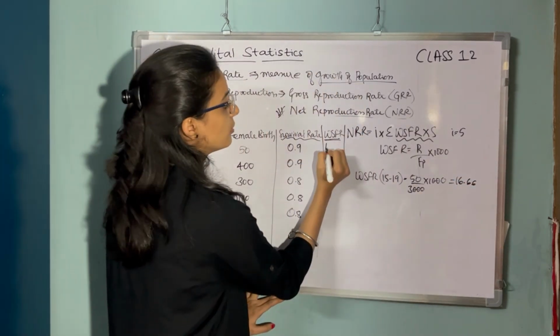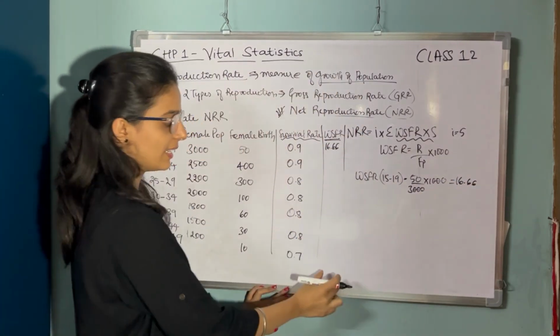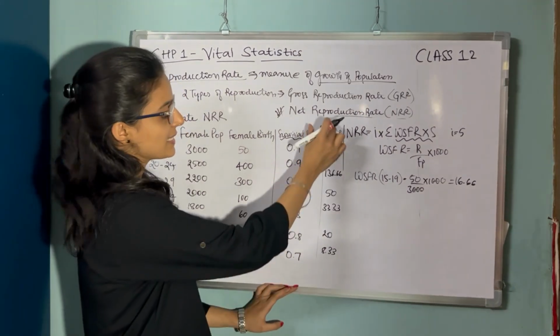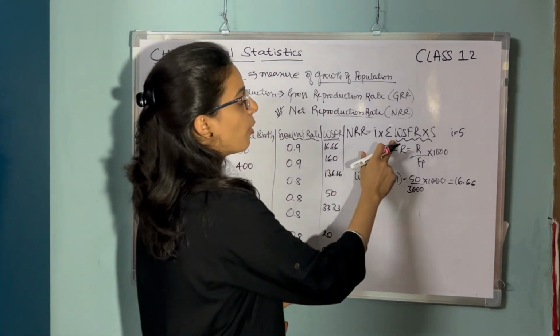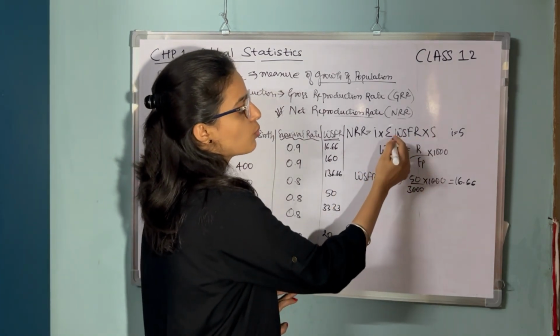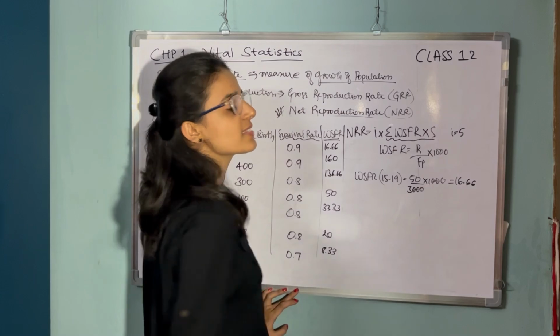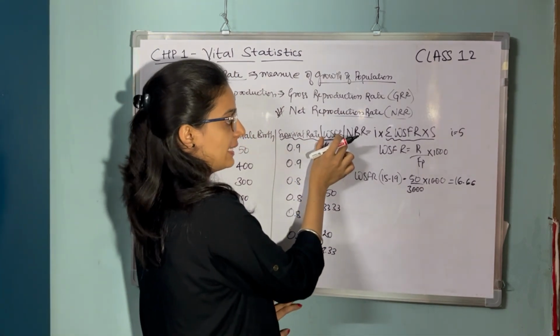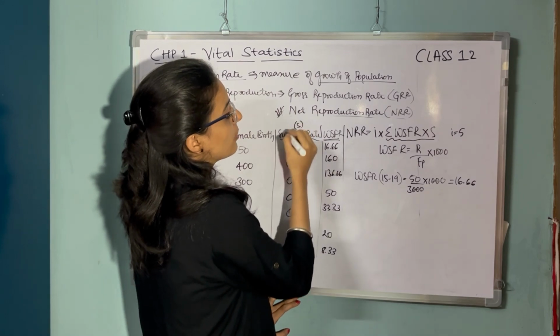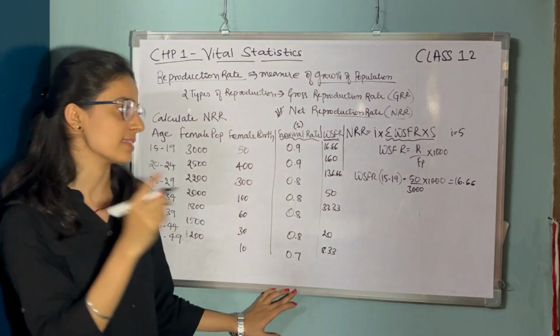Let's similarly calculate WSFR for all the age groups. Okay, so this is the WSFR for all the age groups. Now, if you look into the formula, it asks us to calculate the summation of WSFR into S. Now, the WSFR we have calculated, we will multiply it with our survival rates, that is S.